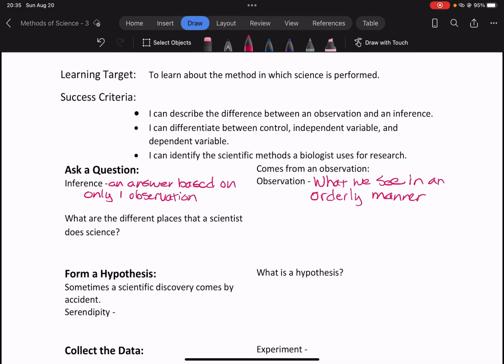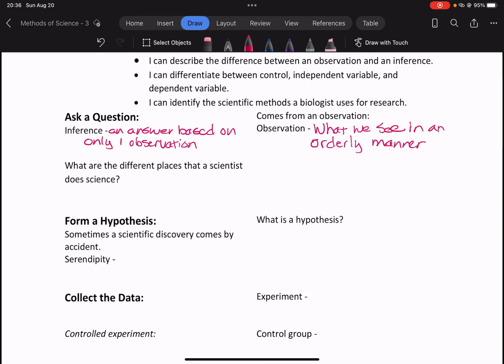And so when we look at this, a scientist can make observations. Where can a scientist do science, or what are the different places we can do science? Science can be done anywhere.